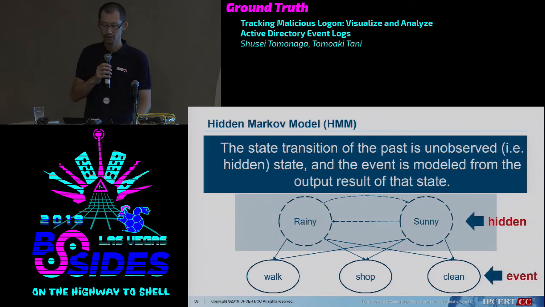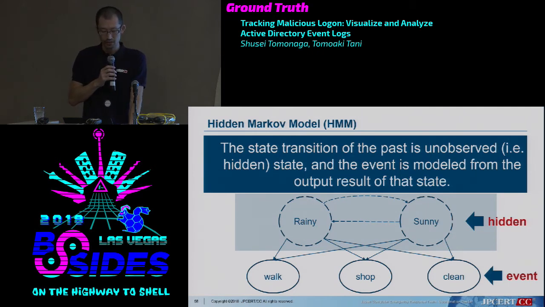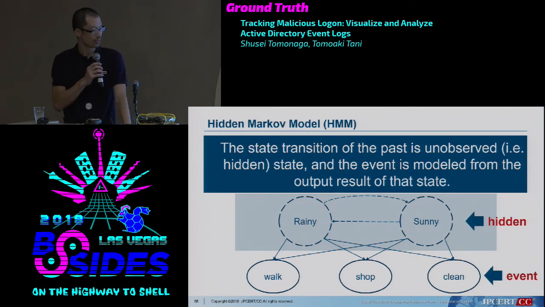The hidden Markov model is one of the most important machine learning models in speech and language processing. In this model, the state transition of the past is a hidden state, and the event is modeled from the output result of that state. This figure is an example of the hidden Markov model.